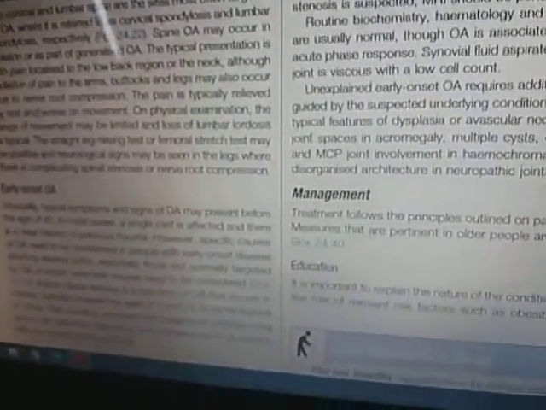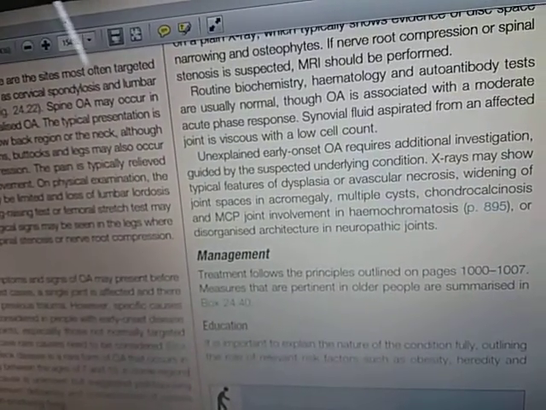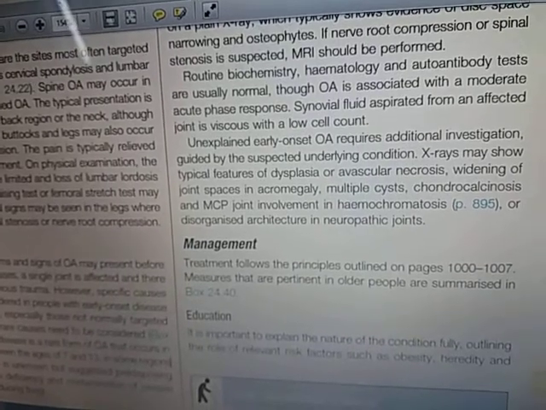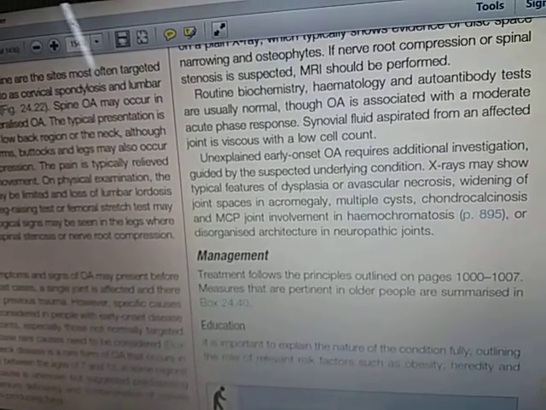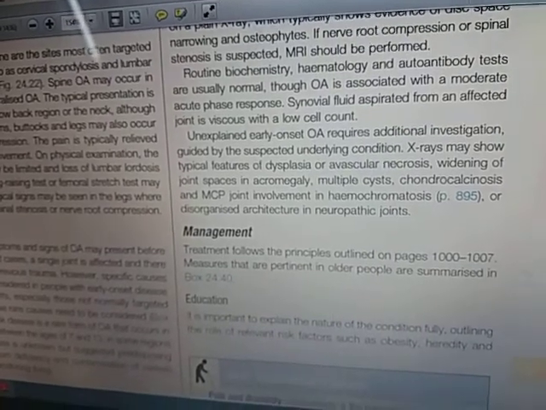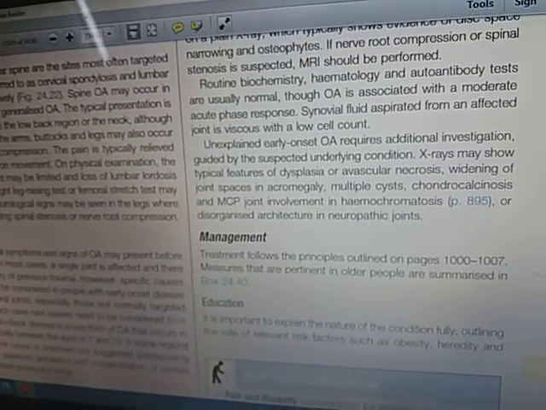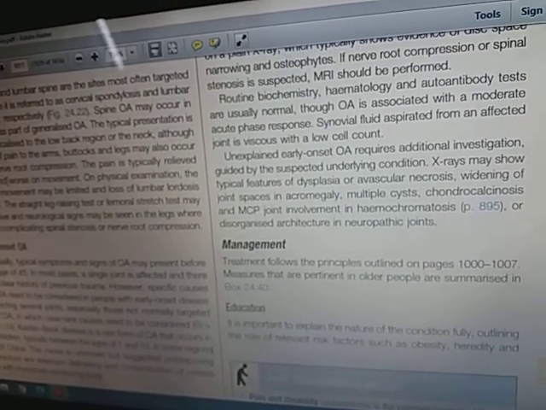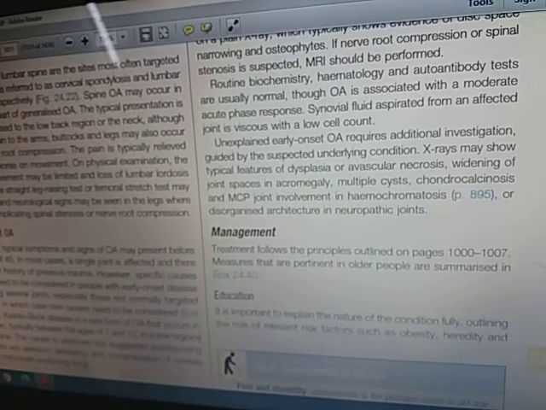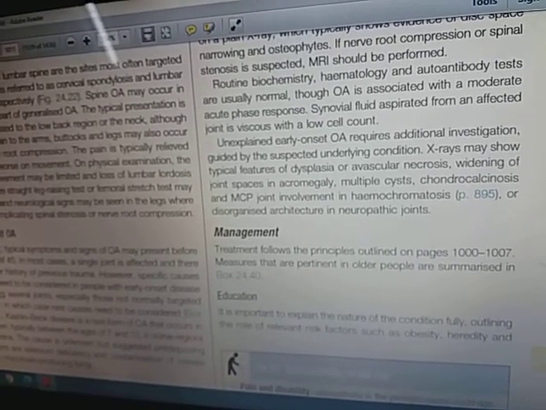Radiological degenerative osteoarthritic changes are very common in middle-aged people and over, and most of them might be asymptomatic. So there is a poor correlation between the clinical features and the radiological features in most of the cases.